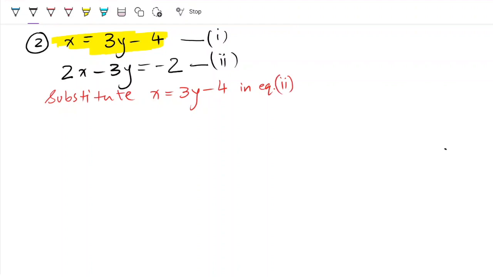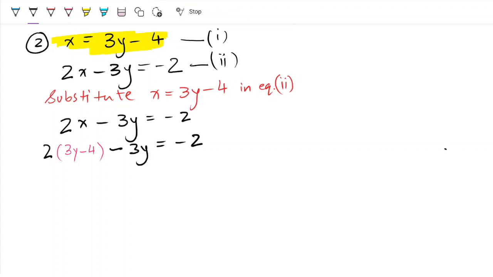Okay, so equation 2 is 2x minus 3y equals negative 2. In place of x, we will substitute 3y minus 4, and everything else will remain same.